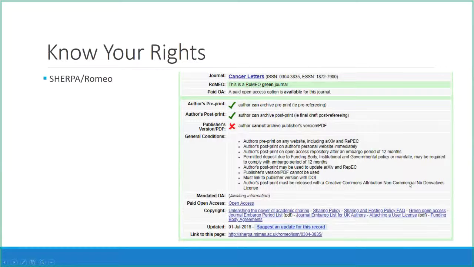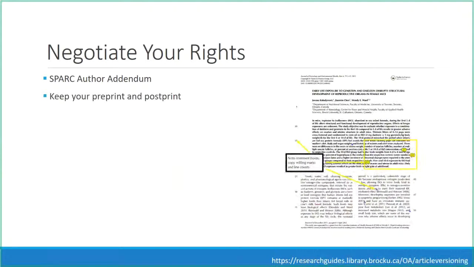Now, almost every journal actually allows you to archive some version of the article, even ones where they have copyright, even when the article is not open access. However, most of them don't allow you to archive the actual publisher version, which is just the PDF of an article you see. A lot of times, you can archive the postprint version.